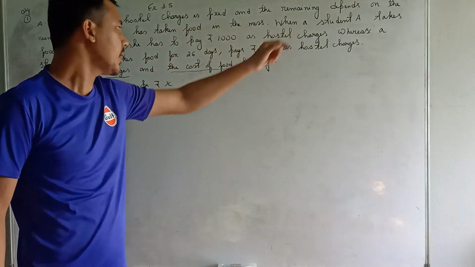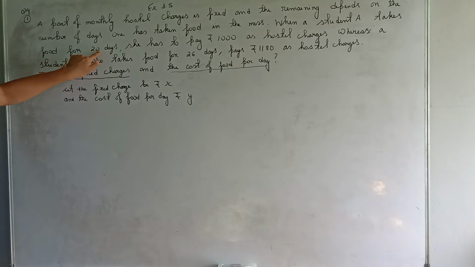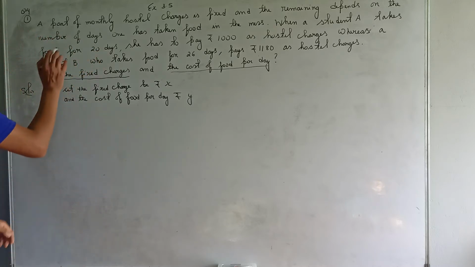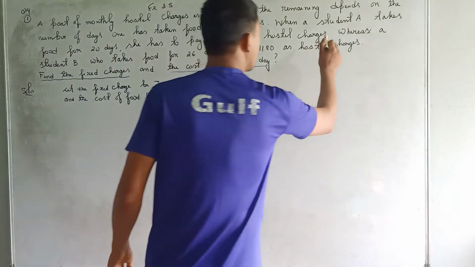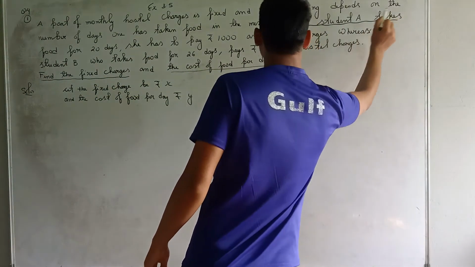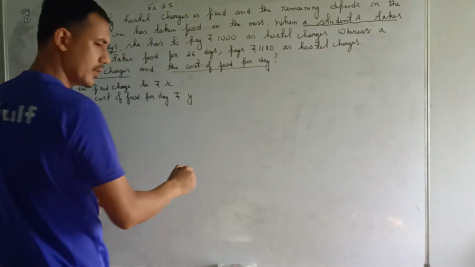Now you see, there is a student A who takes food for 20 days. She joins the hostel and then she takes food for 20 days. Look only at that, okay?